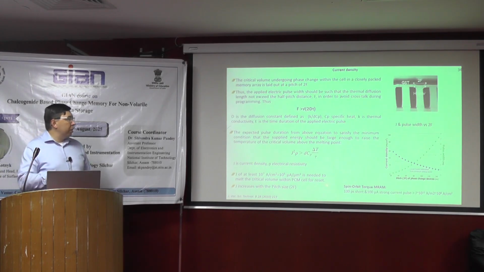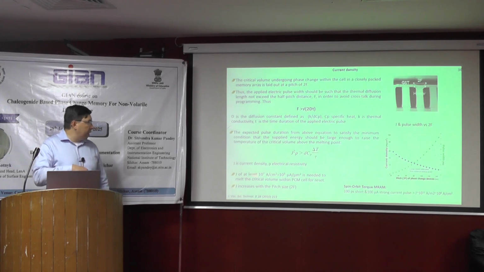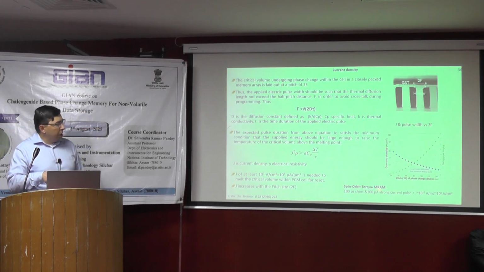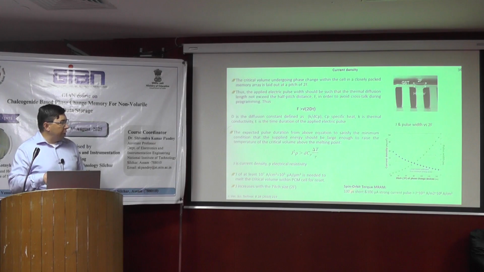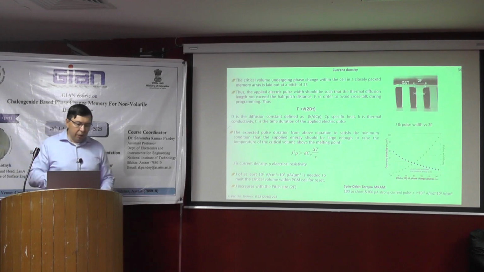If we also compare the critical current density to switch magnetic RAM, I did some estimations, and I found in the literature that if you use a 100 picosecond short pulse, we get values even larger than needed to switch the PCM.